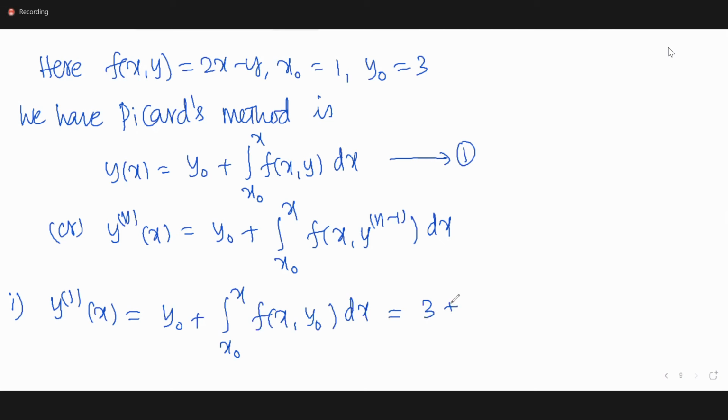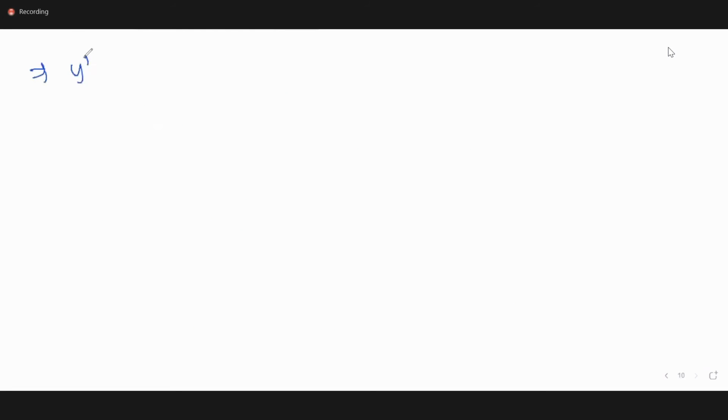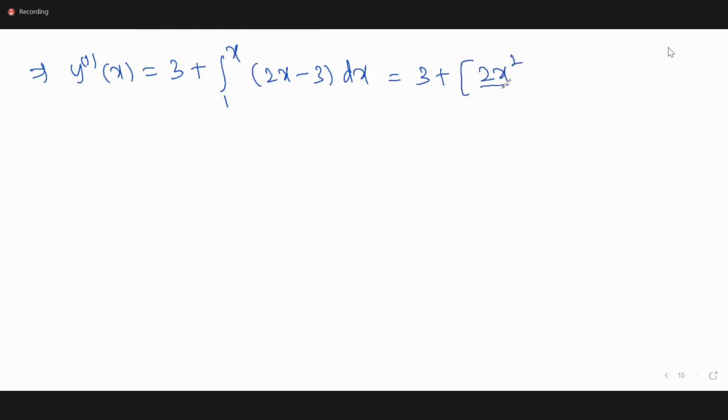So what is y naught? 3 plus integration from 1 to x of f of x comma 3 dx. So y1 of x is equal to 3 plus integration from 1 to x of 2x minus 3 dx, which is 3 plus 2x square by 2 minus 3x from the limits 1 to x.